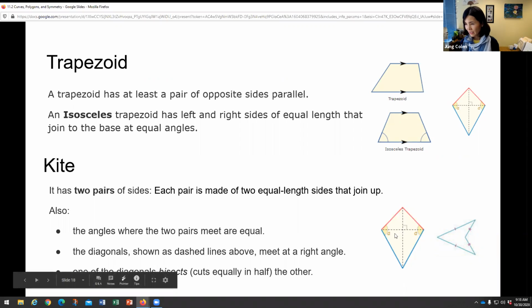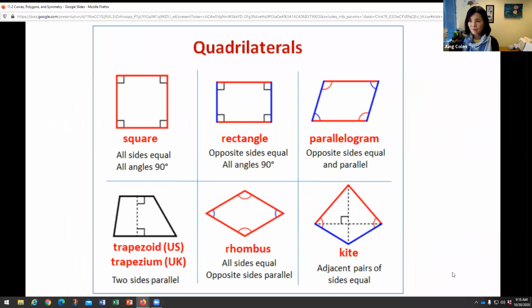One diagonal bisects the other, which means the vertical diagonal makes the horizontal diagonal into halves. So the length from here to this bisecting point is the same as from here to the other side. Okay. All right. So that is a kite.